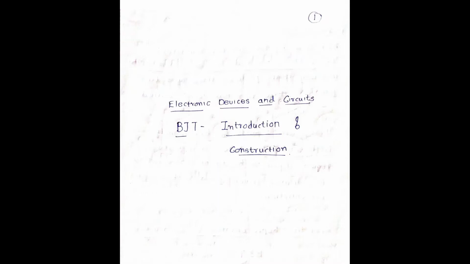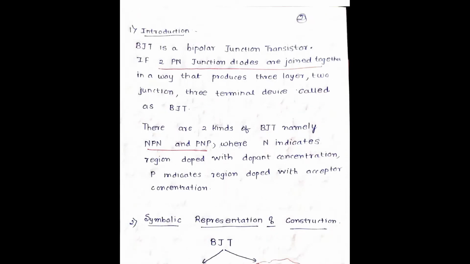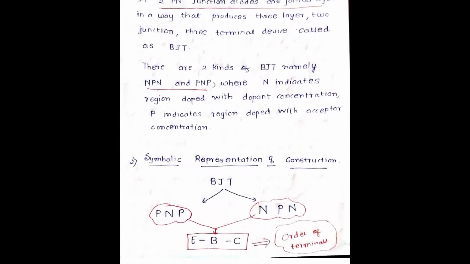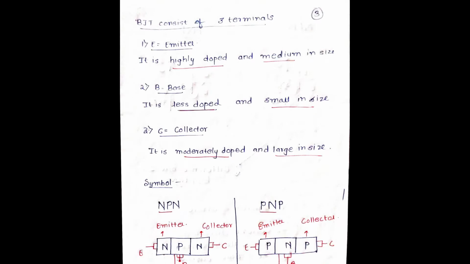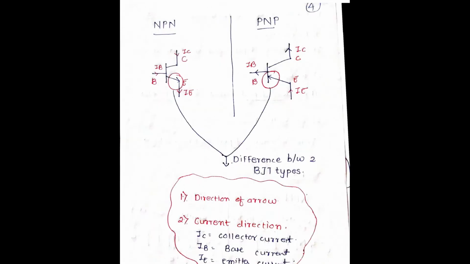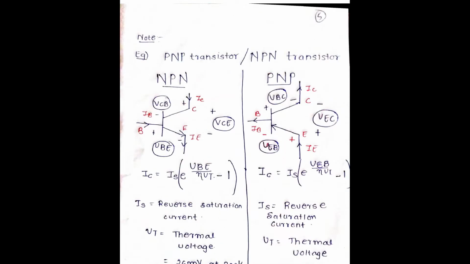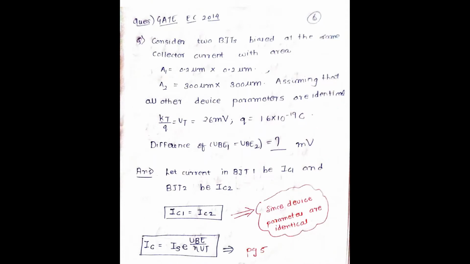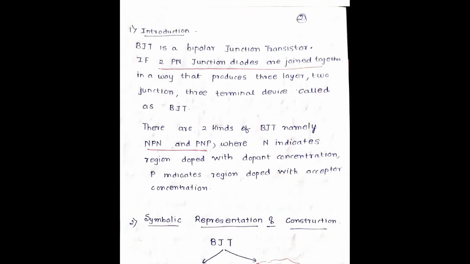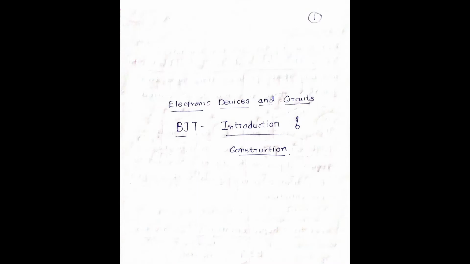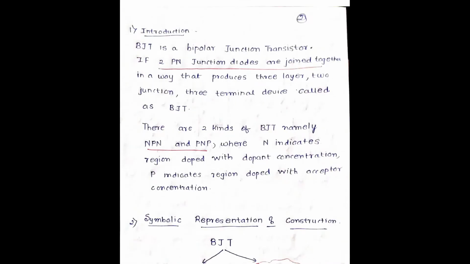There will be a series of videos on this particular topic where we'll be talking about what is a BJT, what is the representation of a BJT, what are the different terminals of a BJT along with the diagrams, how the current flows in a BJT, the different equations, and then we'll be solving a GATE numerical on it, which is very similar to your university kind of numerical. So please do follow these lectures. The first lecture, that is today, we'll be talking about the concept of BJT, all the representations and everything.